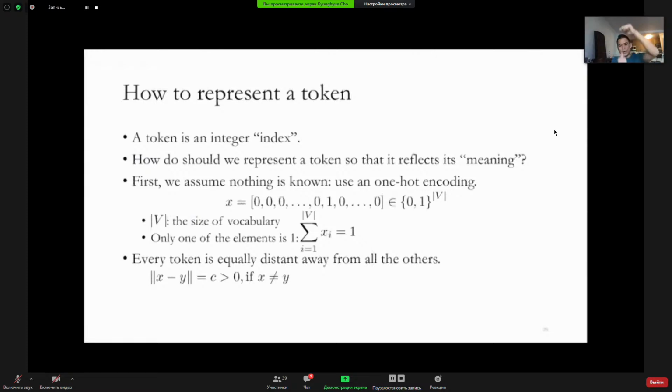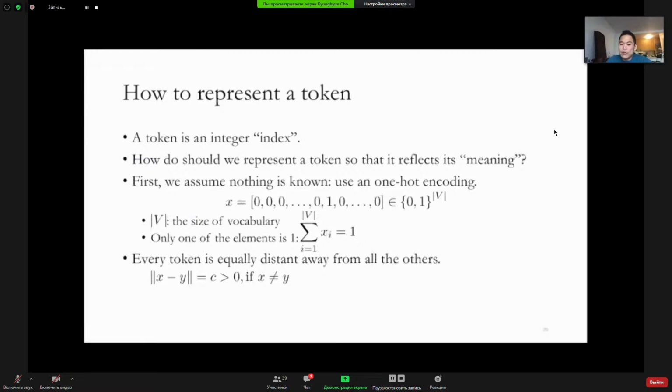In one-hot encoding, we have a vector for each word, and it's all 0 except for one particular item whose index corresponds to the integer index of that word. So it's going to be 0, 0, 0, 0, 0, 1, and all zeros. And then this allows us to encode the entire vocabulary, well, not efficiently, but effectively.